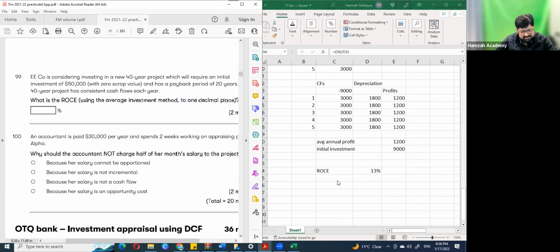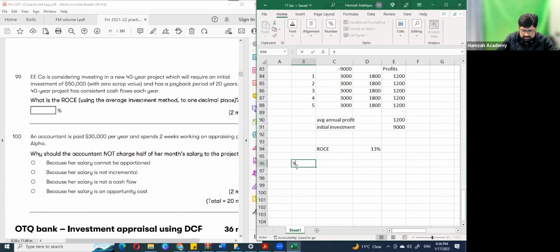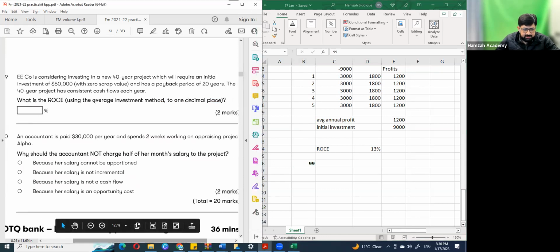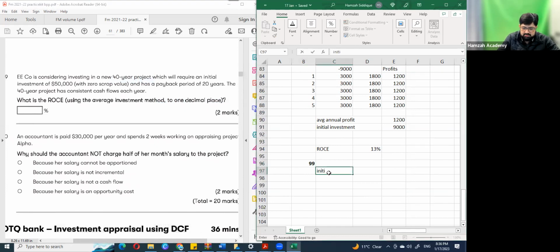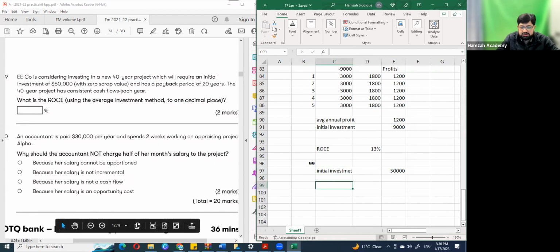Okay, let us do it. 99. It seems to be tough. Considering a 40-year project, initial investment 50,000. Then they say zero scrap value. Payback period 20 years.